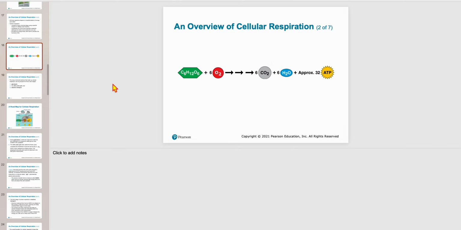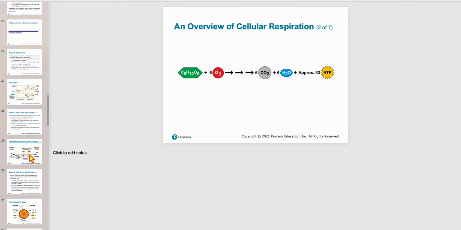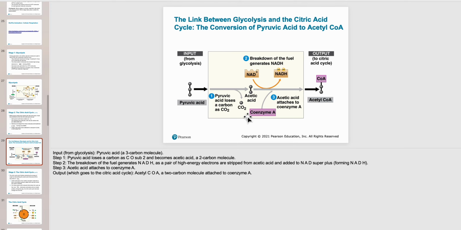And at the moment, in the picture we're currently on, here, we see only 1. But remember, this process is done for both of the pyruvic acids. So we're going to double this number. So we're going to have at this step 2 carbon dioxide so far.